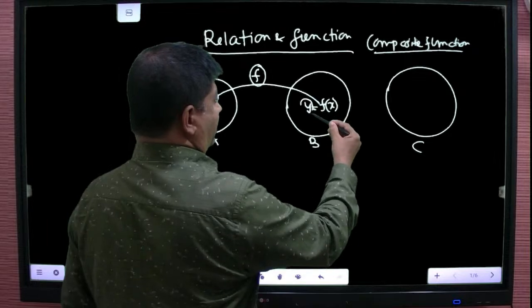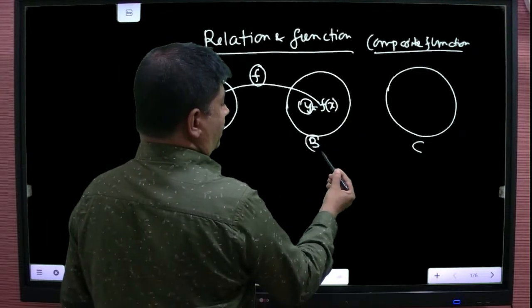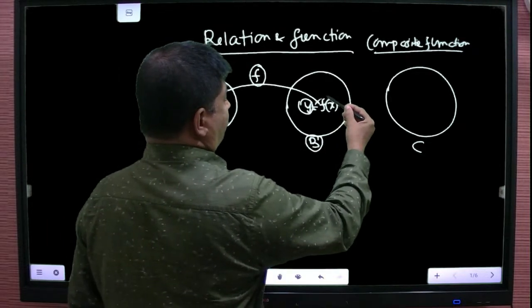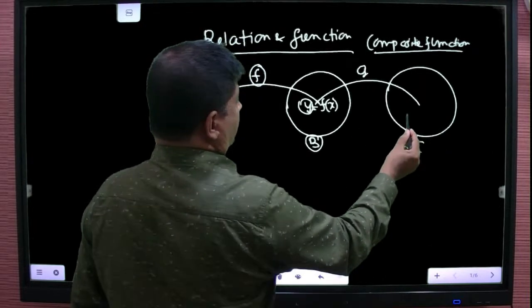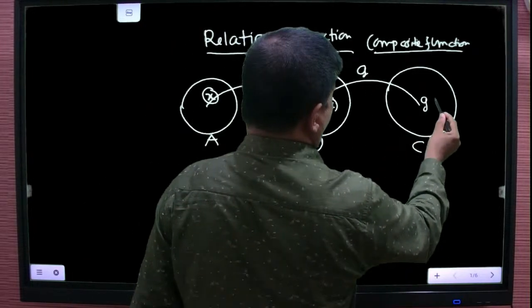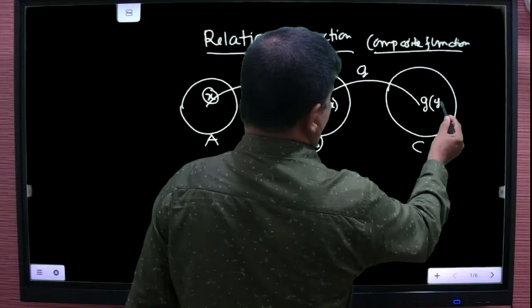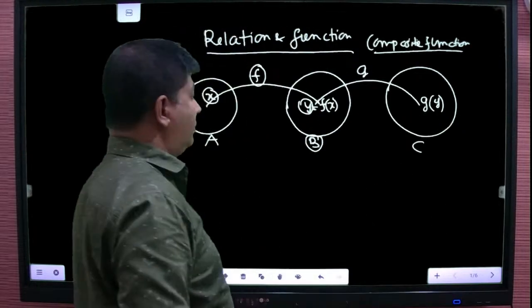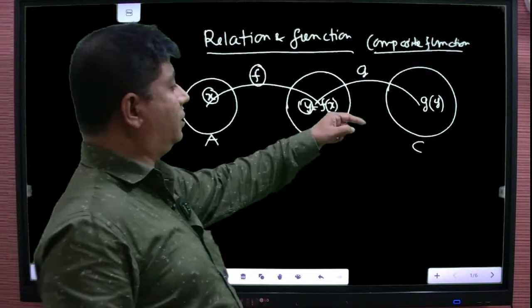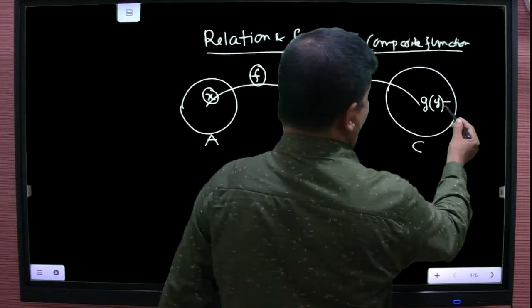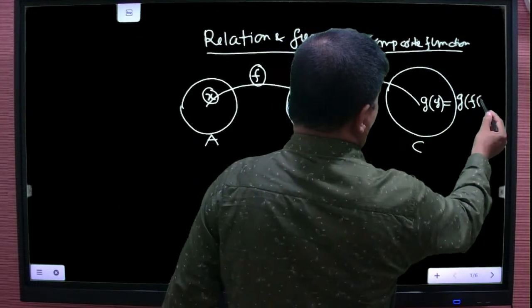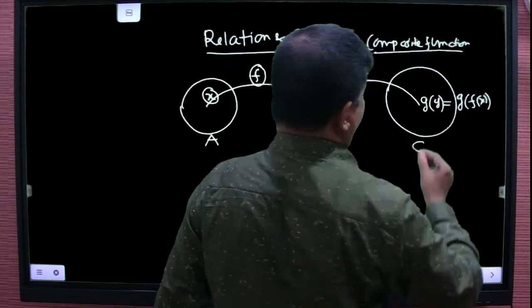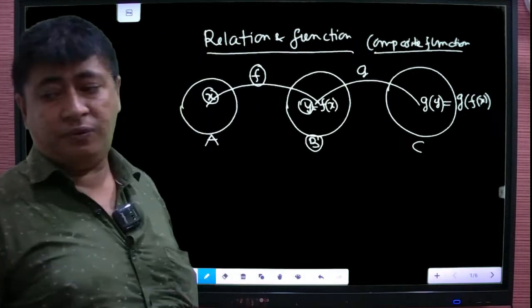That y which you are getting in B now maps to C by g. So here you will get g(y). So here g(y), it depicts what? g of f(x).